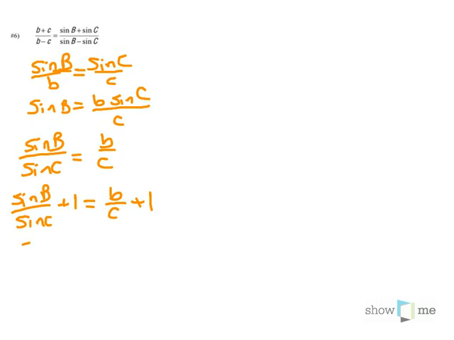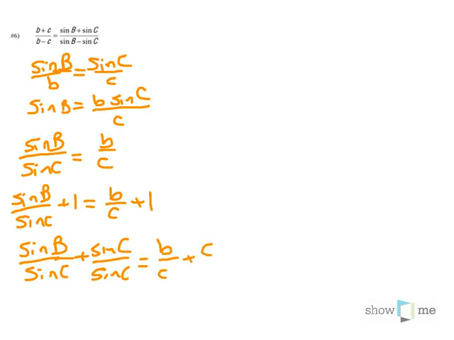To add 1 to a fraction, you need common denominators. So on the left, that denominator is sine of c. On the right, that denominator is c. When you add two fractions, you add the numerators, you leave the denominators, the bottom, unchanged.